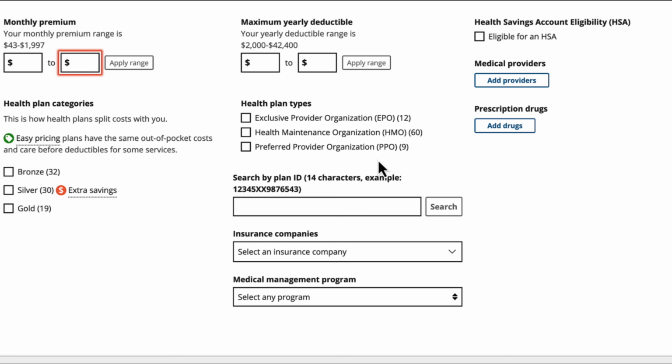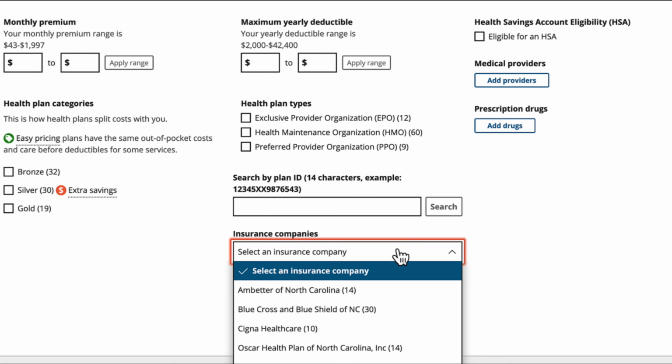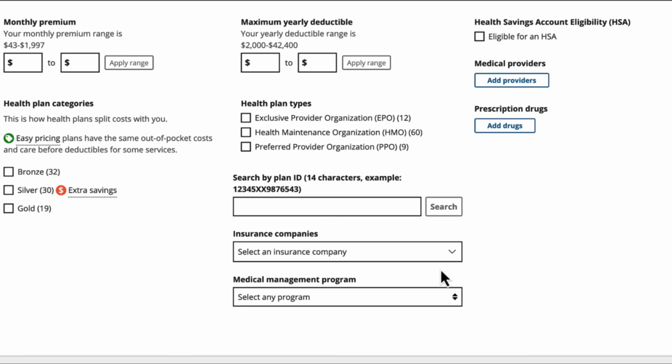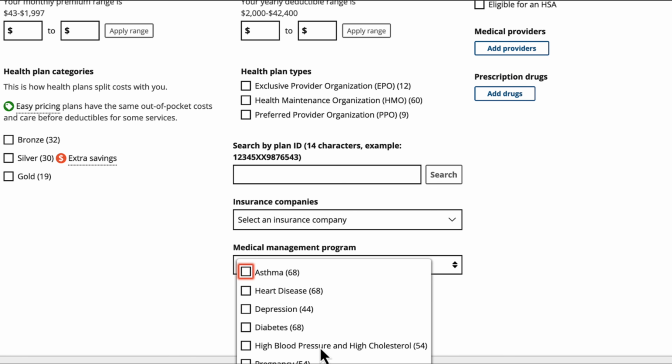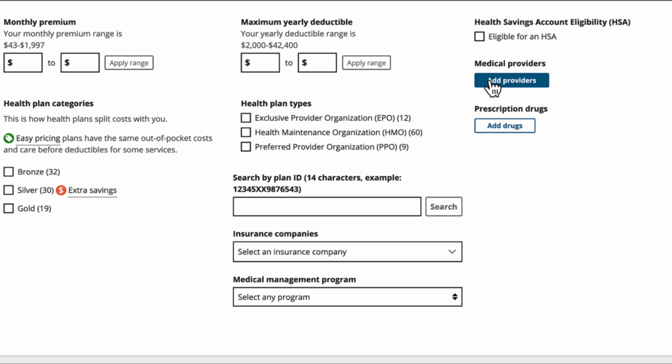Insurance companies. This is also something that is very, very important. So if your doctor accepts Aetna and Blue Cross and Blue Shield and United, then filter by that. You want to make sure that you stay in network whenever possible. Medical management programs, we'll look at more of these in just a minute, but if these are things that you need additional management with, then you're going to go ahead and click that.